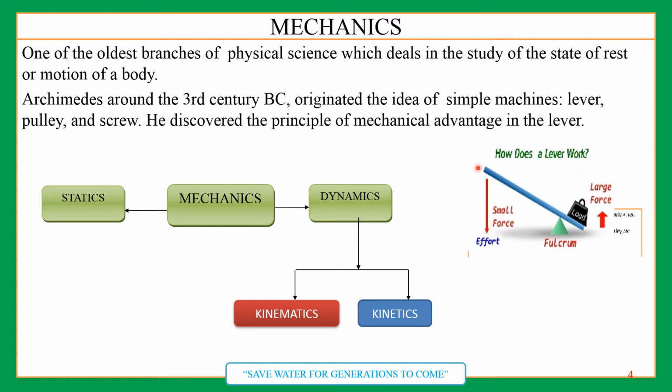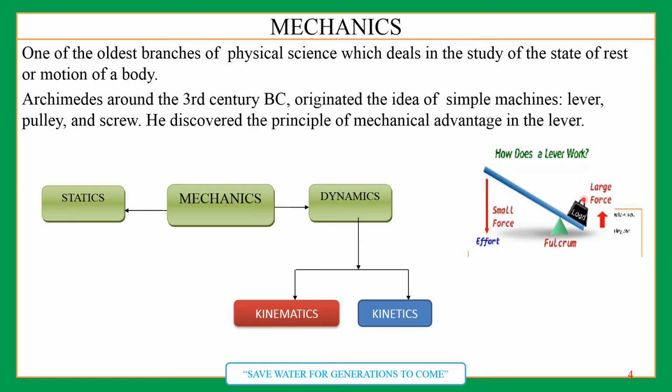Here you can see it is a straight rod. It is used to lift the load. It's a large load. If you have to pull it, then you have to apply large force on it. But if you use this lever, where some support is taken, called the fulcrum, and you apply force in the downward direction, as you must have done in class 6 in science, then the load is lifted very easily.